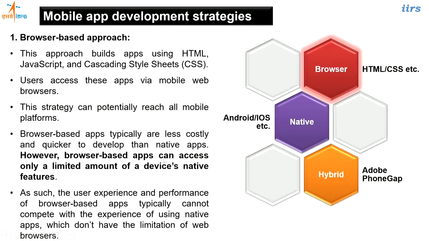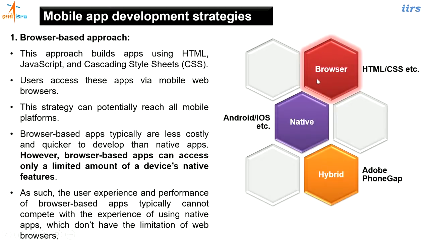However, these browser based apps can access only a limited amount of the device's native features. This is one limitation with the browser based approach. It is not able to exploit the device's native features. Your device may have n number of features, but only limited access is provided to this browser based application.